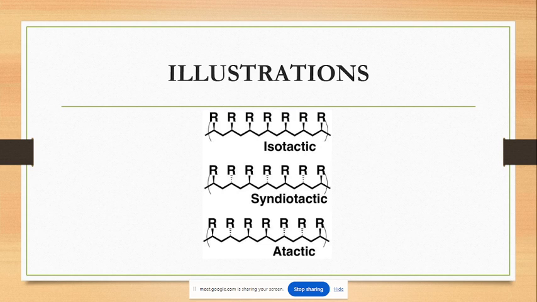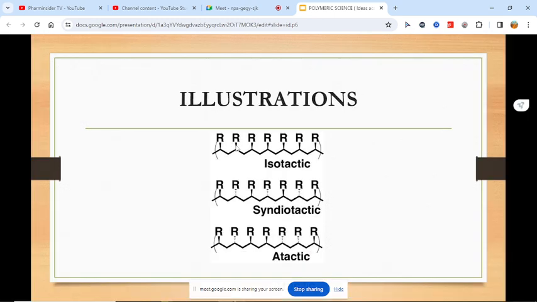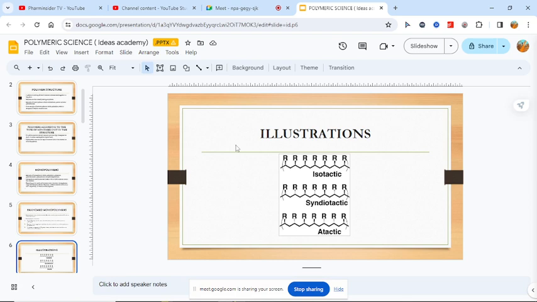In the first structure, there is a long backbone that we are able to see. Now this backbone has R groups on it, and you can see they are all on the same side.